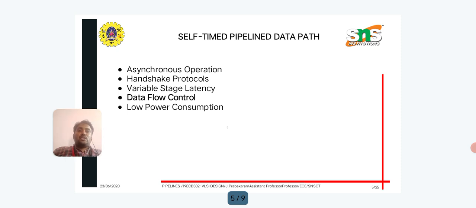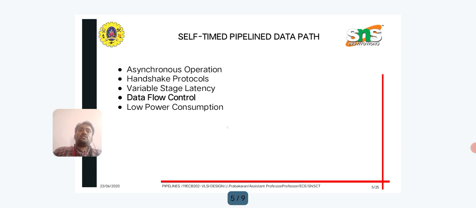The next one is variable stage latency. Each pipeline stage can take a varying amount of time to complete its operation depending on the nature of the data or the workload. Since there is no central clock forcing all stages to work at the same pace, each stage can process data at its own optimal speed. The next one is data flow control.